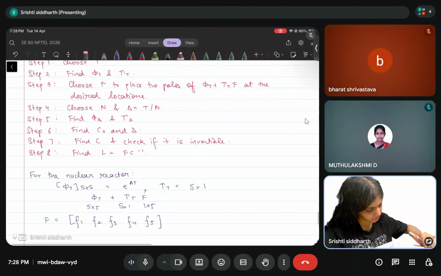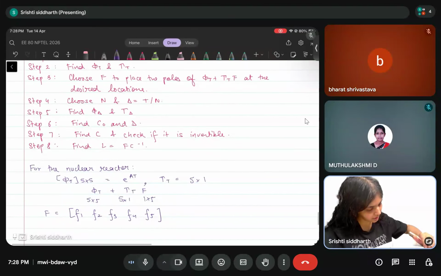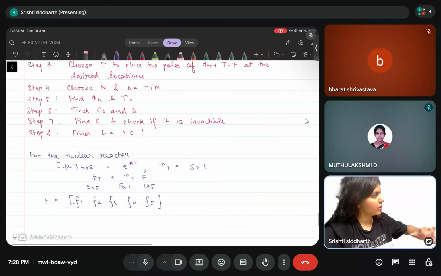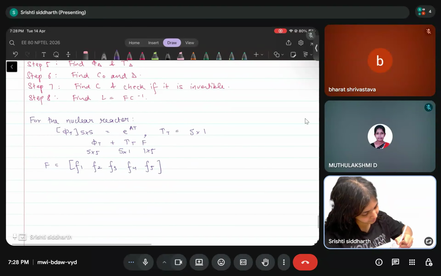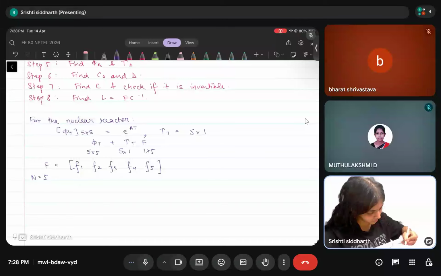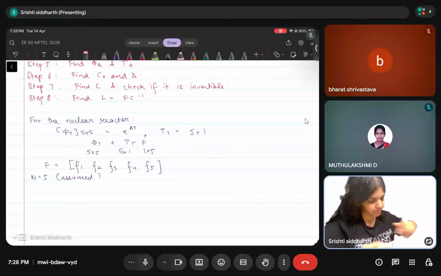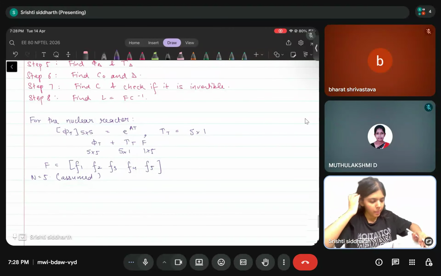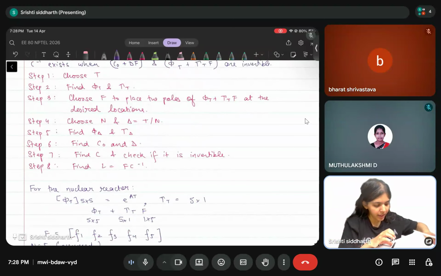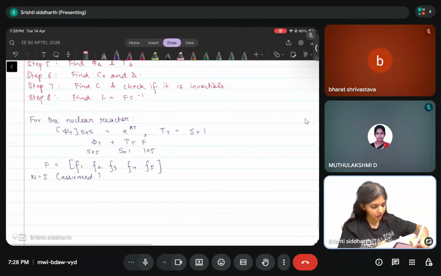Then choose N. So let's say N is 5. So then we find phi delta and gamma delta. So phi delta is again 5 by 5.